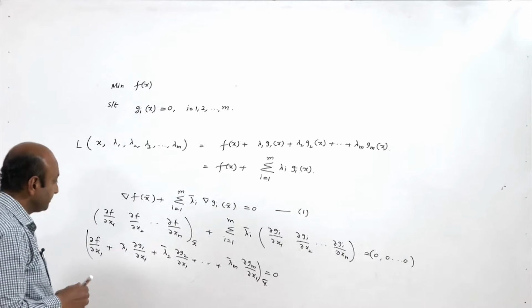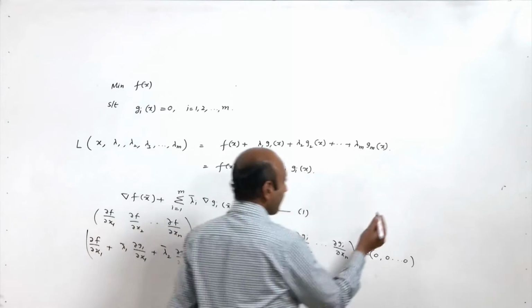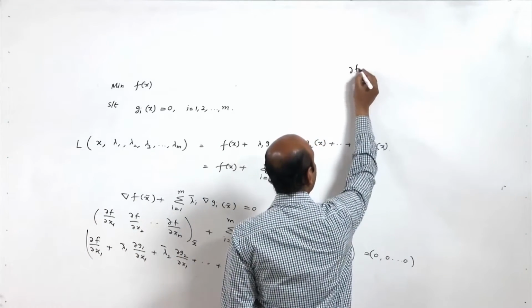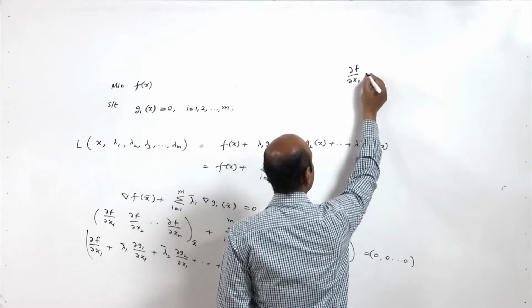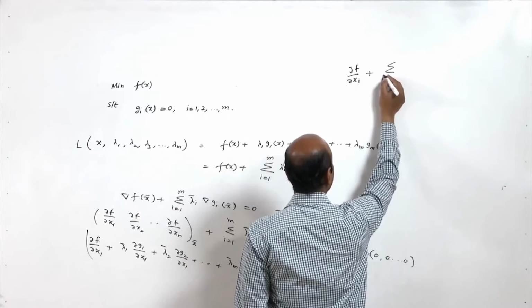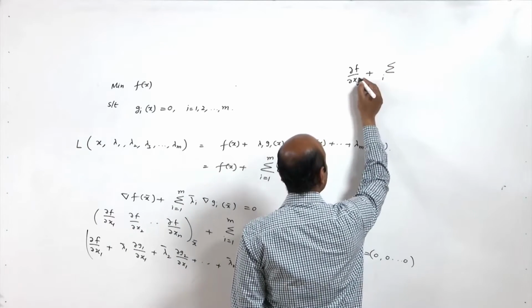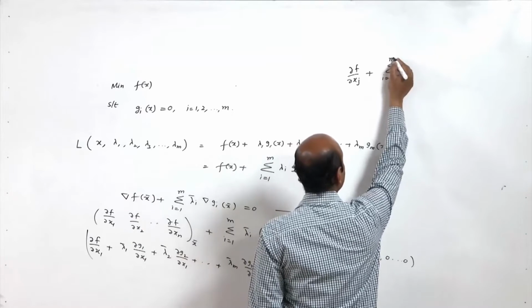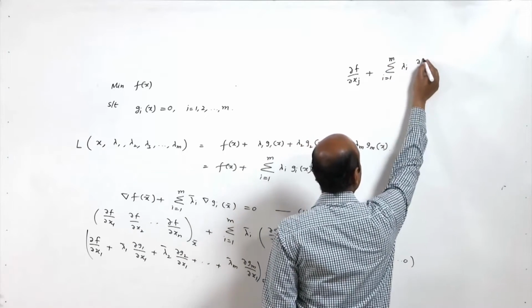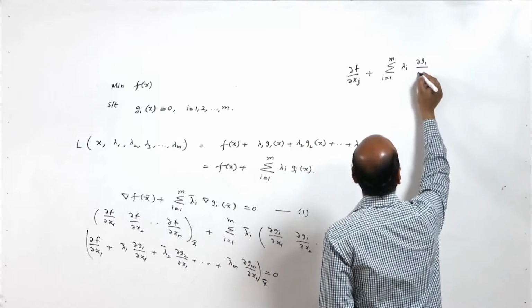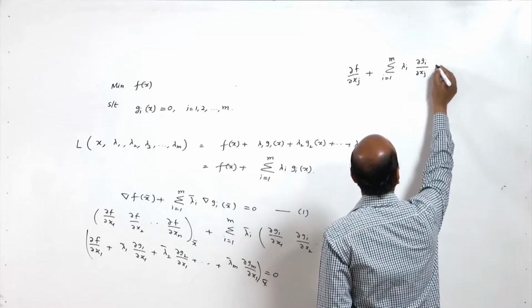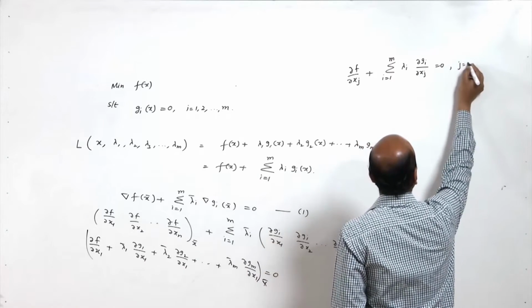This means del f upon del x j plus summation i from 1 to m lambda i del g_i upon del x j should be 0, with j varying from 1 to n.